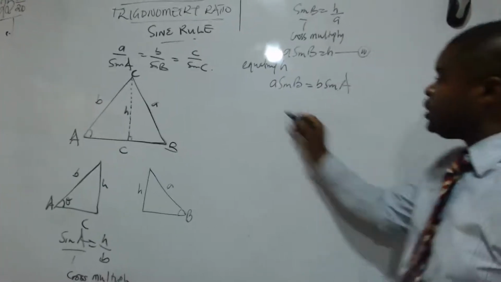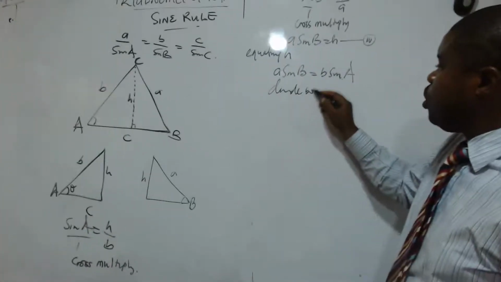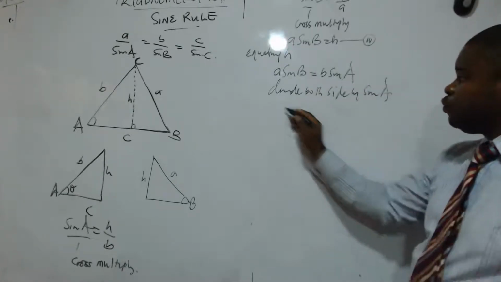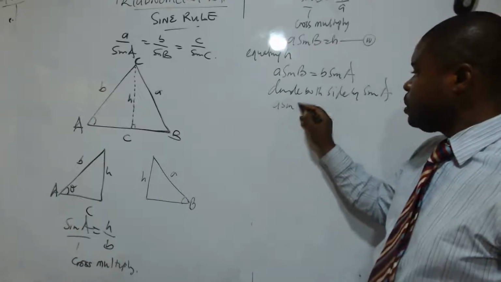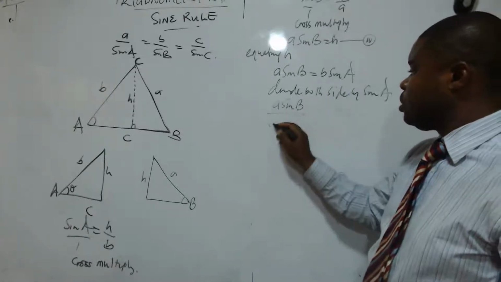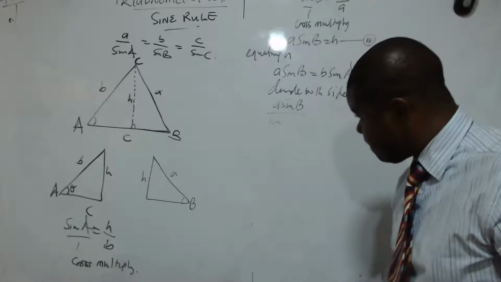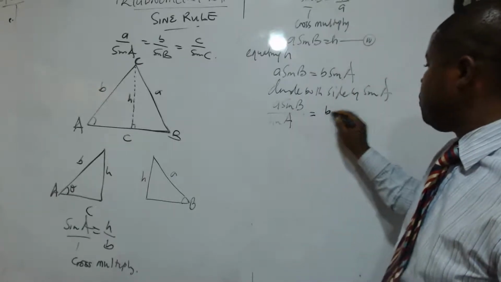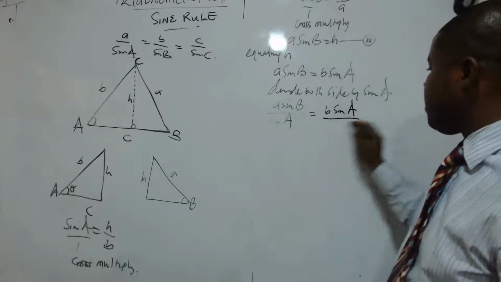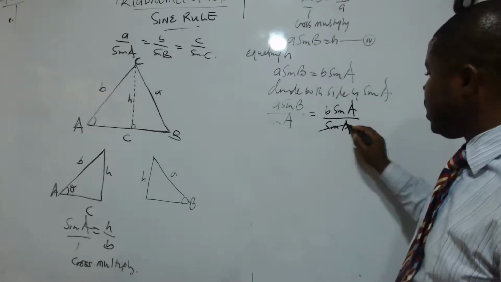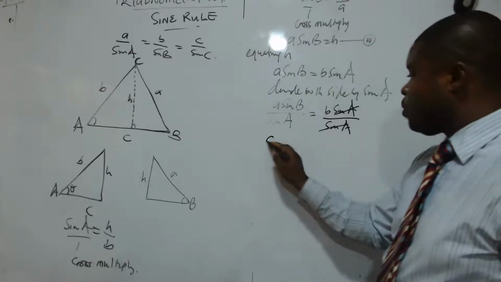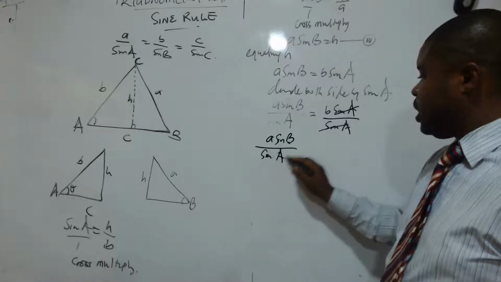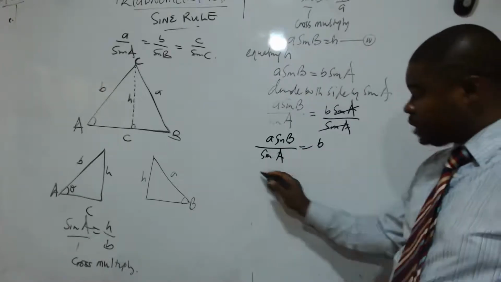Having known that, we now divide both sides by sine A. So I have A sine B divided by sine A equals B over A divided by sine A. Sine A goes with this, so I go down: A sine B over sine A equals B.